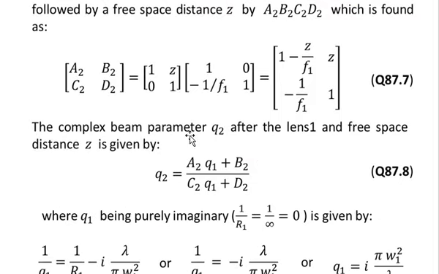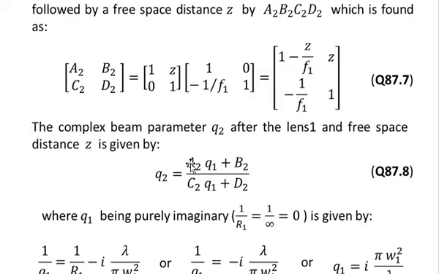The complex beam parameter Q2 after the lens 1 and the free space distance Z can be related with the parameter Q1. So we are assuming that Q2 is the parameter at the location of the beam waist W0, which is related to the parameter Q1 at the position of the lens through the parameters of the matrix, which is the A2, B2, C2, and D2 matrix.